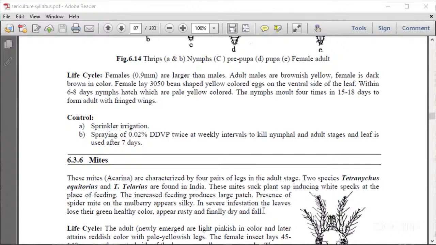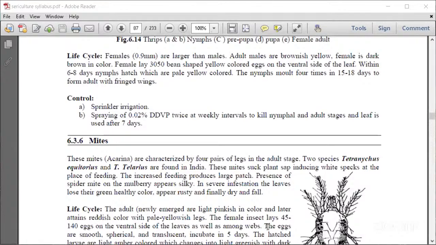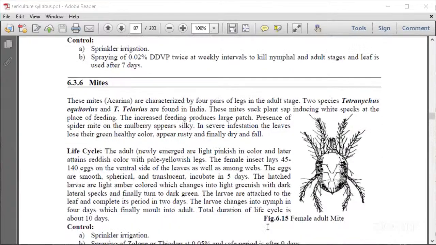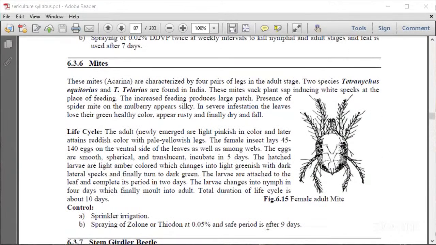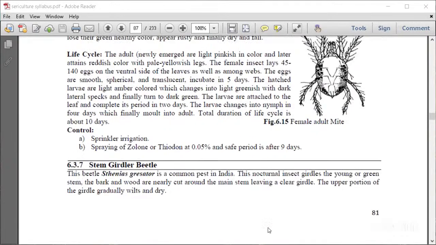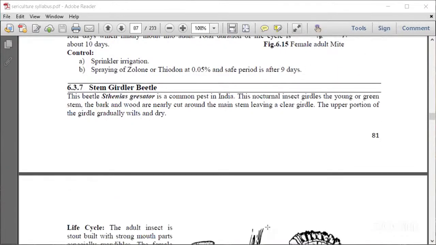In severe infestation, the leaves lose their green healthy color and appear rusty and finally dry and fall. How to control this one: sprinkler irrigation and spraying Dicofol or Tedion at 0.05 percent, and the safe period is about 9 days. Next one is stem girdler beetle.